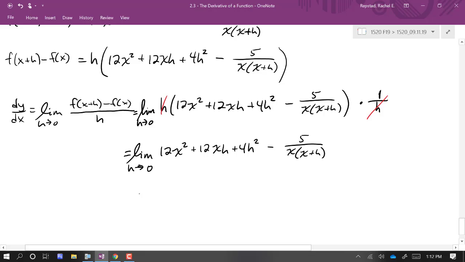What do we get? It's just 12x squared minus 5 divided by x squared. So it's 12x squared, yes, minus 5 divided by what? X squared. Yeah. There's our derivative.